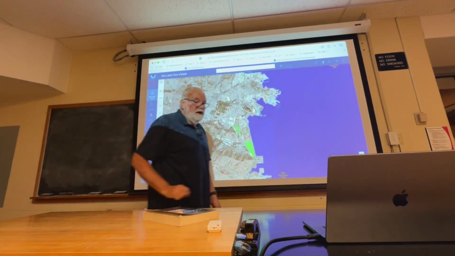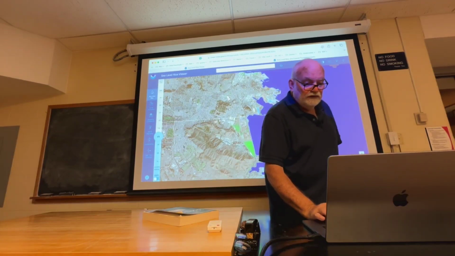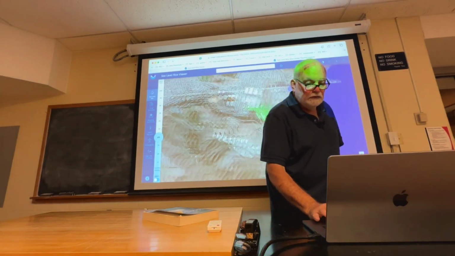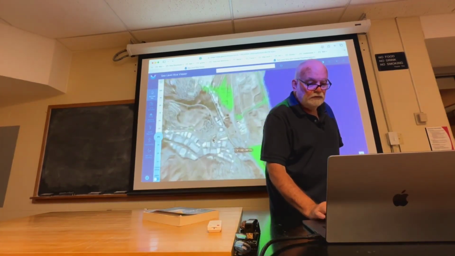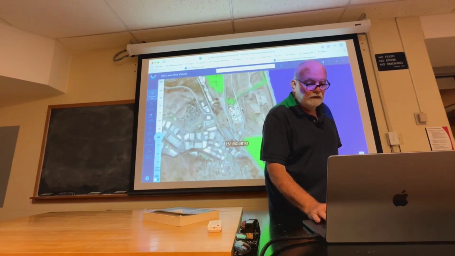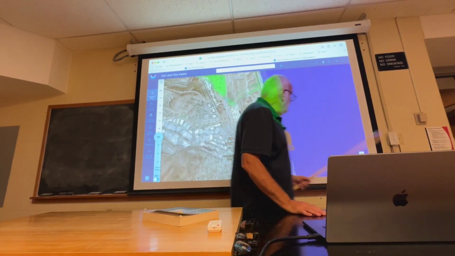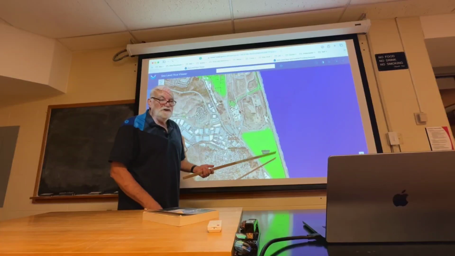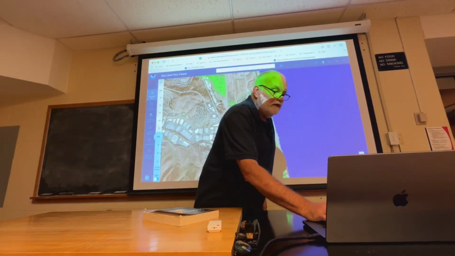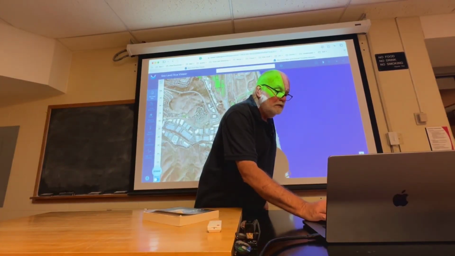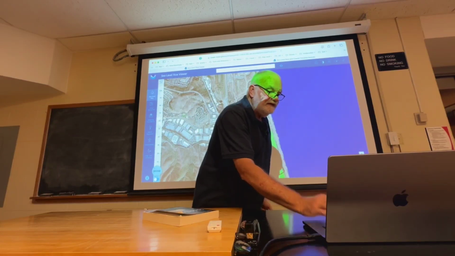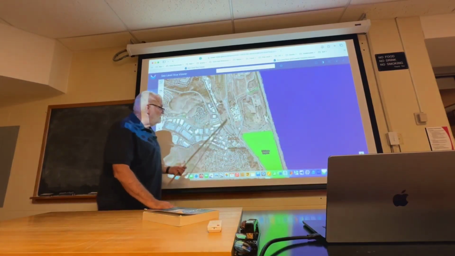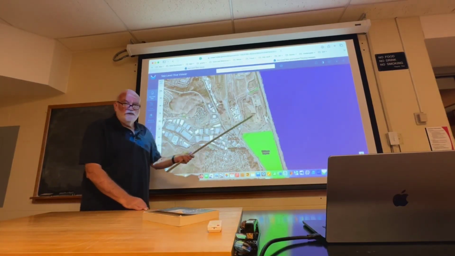Now it looks like there's a big highway in there. Let's zoom in again. All right. And there's a name for a lagoon here, which means that there's water there today. And that's the lowland, but this isn't. And you know what these things are?